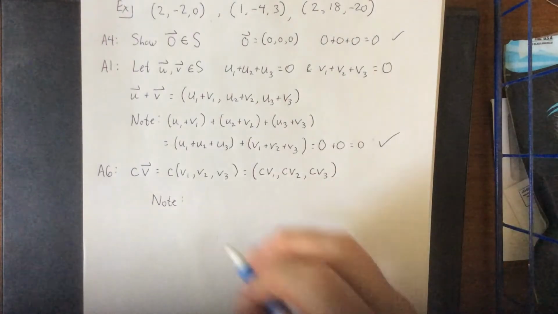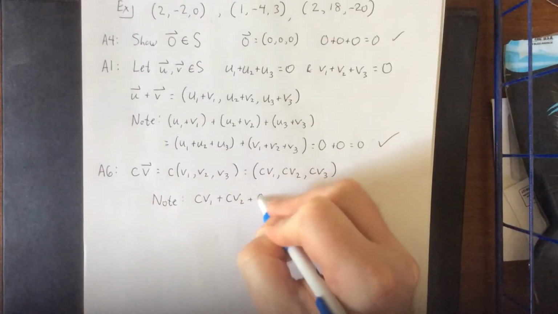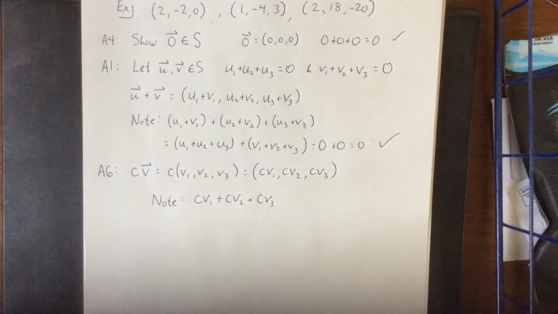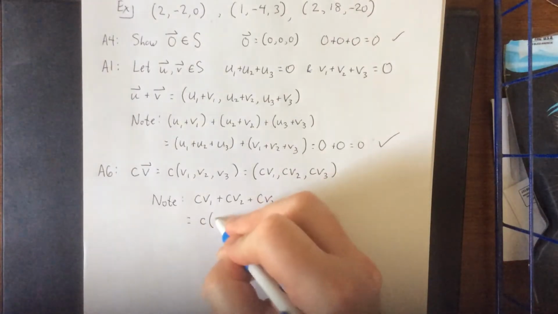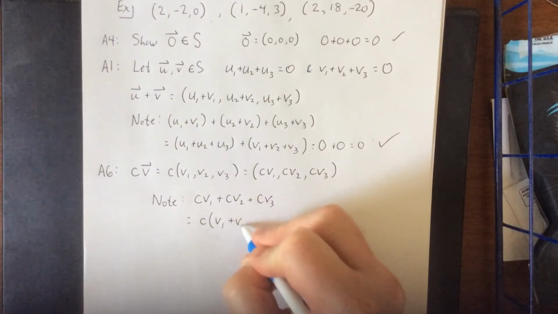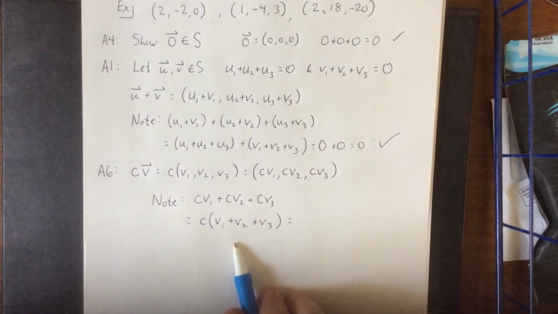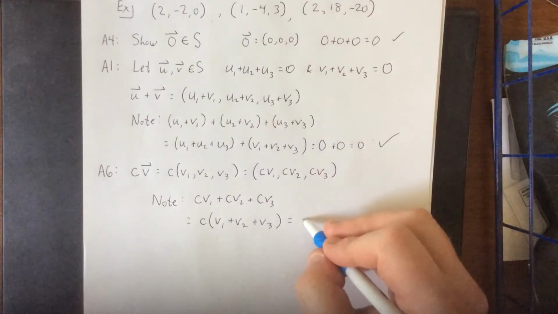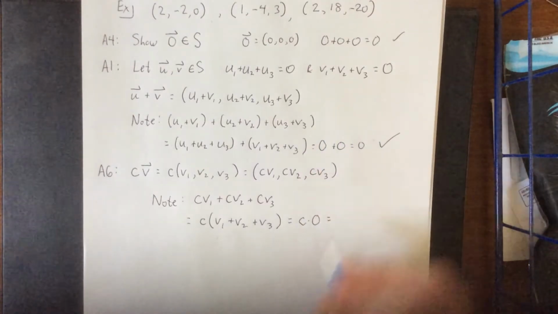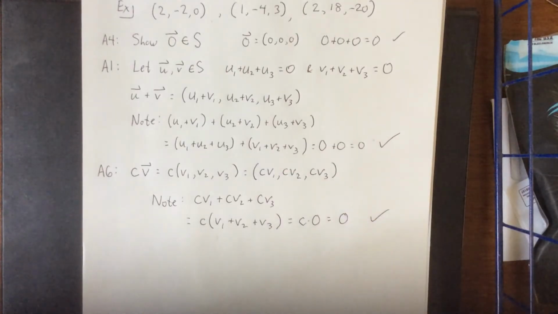If we take the sum of these three components, I suppose we could factor out the greatest common factor of C and be left with V1 plus V2 plus V3. And according to the assumption that we made not too long ago, the sum of those three components should be equal to 0. We wind up with C times 0, which necessarily has to be equal to 0, since anything times 0 should be 0.